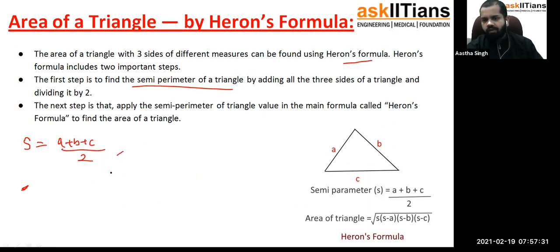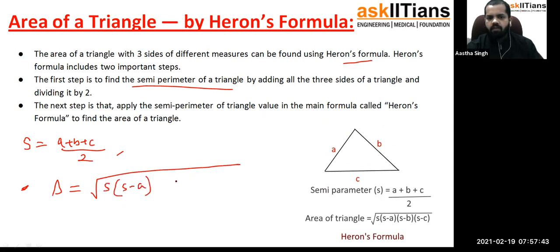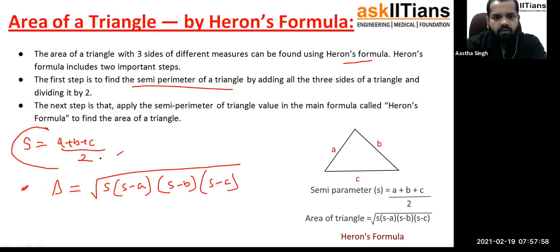Once you have calculated S, just put it in Heron's formula, where area of triangle is equal to under root of S into S minus A, into S minus B, into S minus C, right? What is S? S is half of the perimeter, or you can say the semi perimeter, okay?